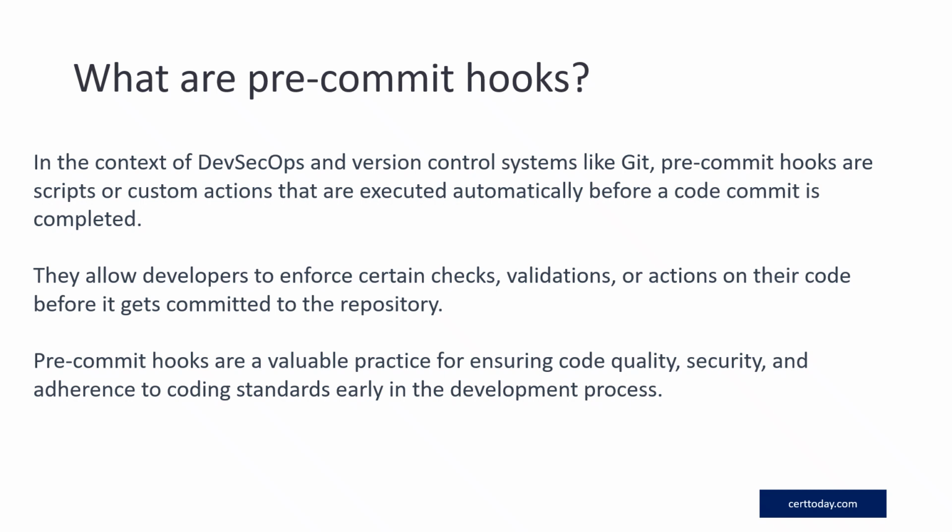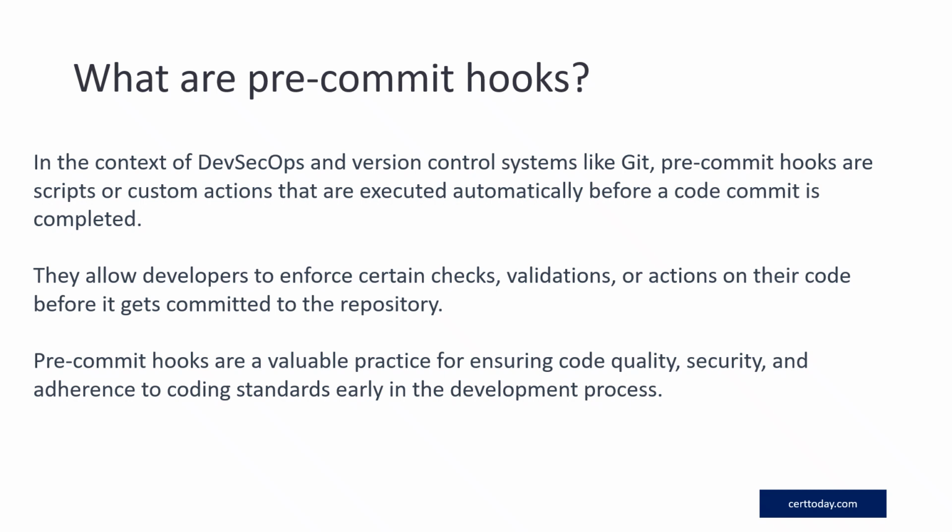In order to understand this question, obviously, we need to understand what are pre-commit hooks. In the context of DevSecOps and version control systems like Git, pre-commit hooks are scripts or custom actions that are executed automatically before a code commit is completed.